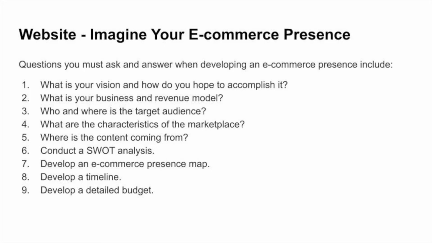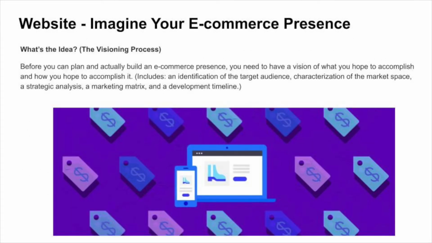We're going to think about who the target audience is, what the characteristics of that target audience is, figure out where our content's coming from, conduct a SWOT analysis in order to think about our strategy for building a website, develop an e-commerce presence map, develop a timeline, and develop a budget. So those are the basic ingredients that we'll be looking at in this first part.